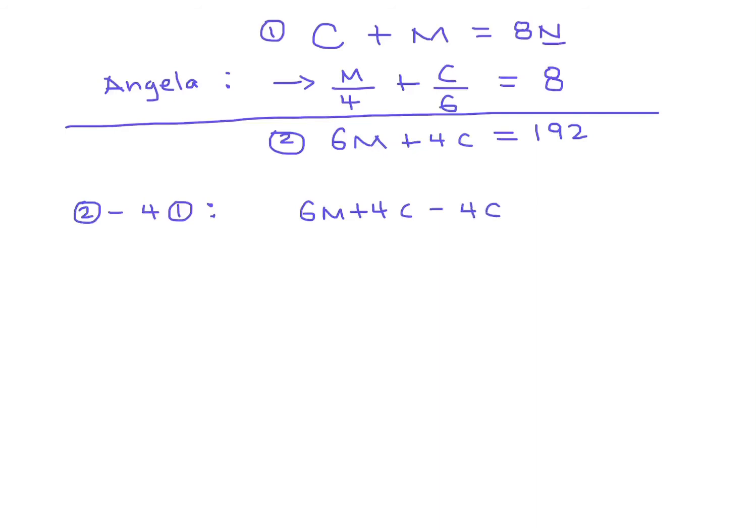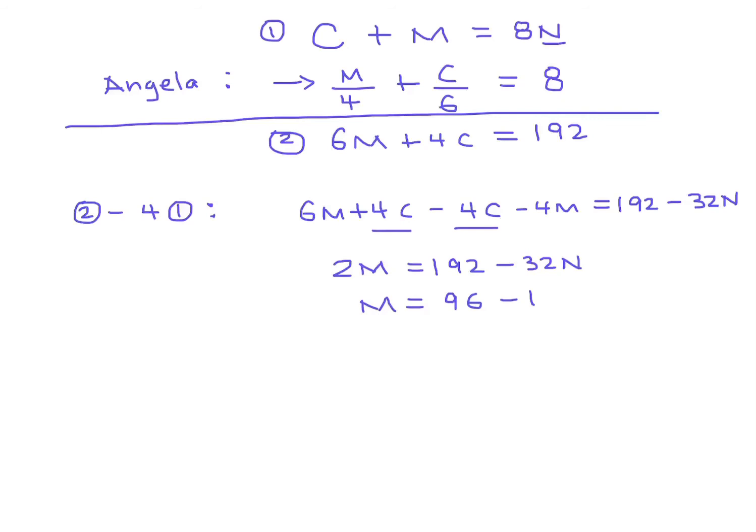So 4C minus 4M, and then the other side becomes 192 minus 32N. So the C's cancel, which is what I was trying to do, trying to get rid of at least one variable. So that leaves 2M is equal to 192 minus 32N. Divide through by 2, and that gives you M equals 96 minus 16N.